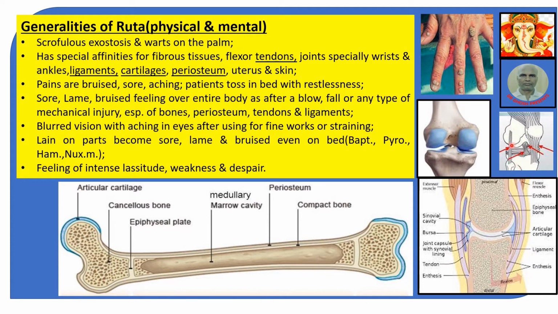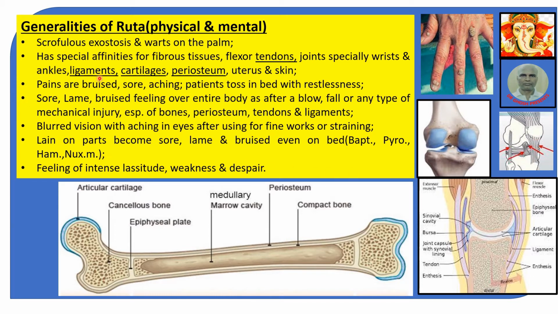When two bones are interconnected with soft tissue, these structures are ligaments. This is a ligament. Bone at one point, the other point is also bone, clearly seen here. Bone to bone, this is ligament.